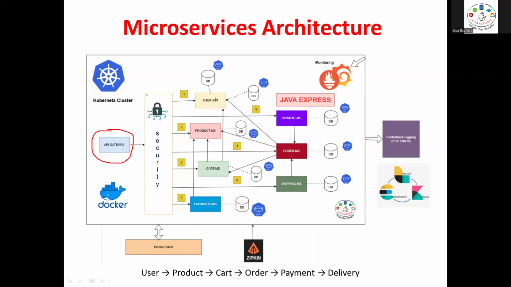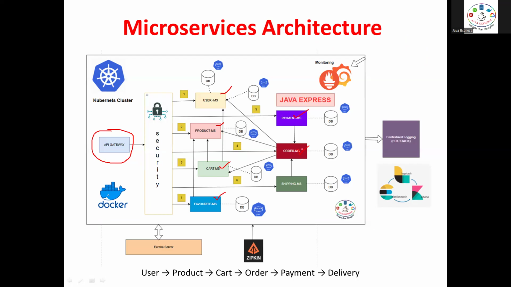As part of the e-commerce domain, we created a couple of microservices based on the business functionality, like a user microservice, a product microservice, a cart microservice, favorite, payment, order, and shipping.